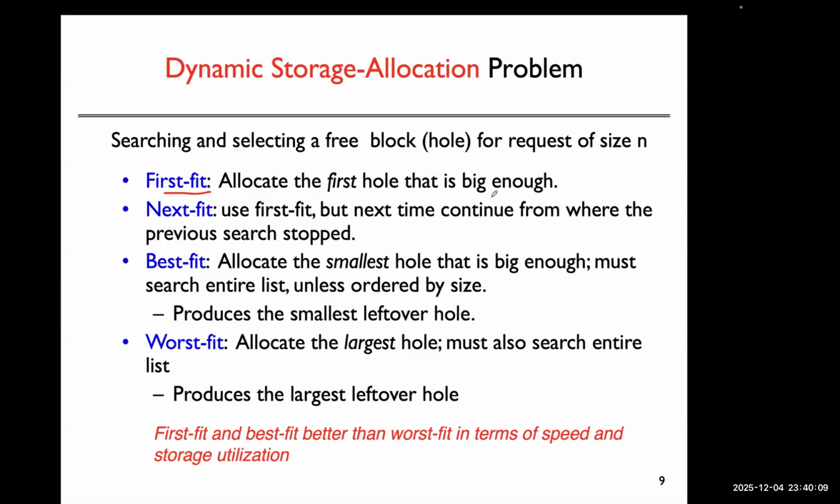The first hole, of size 4, doesn't satisfy the request. The next one, 12, satisfies the request, though it is much bigger than what you require. But the first fit strategy says that when you find the first hole which is big enough to satisfy the request, you allocate that hole, right?